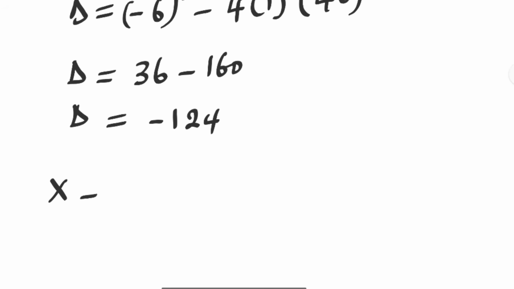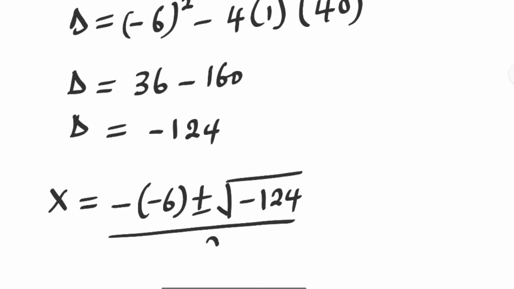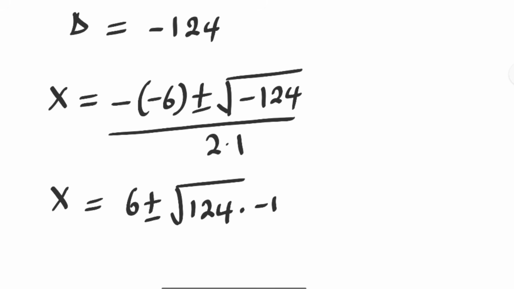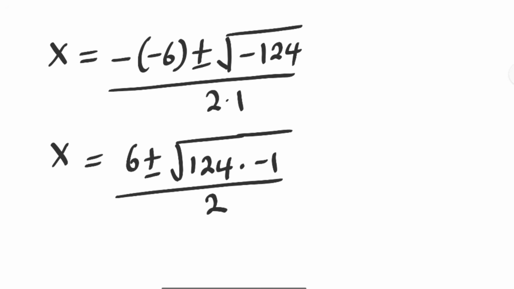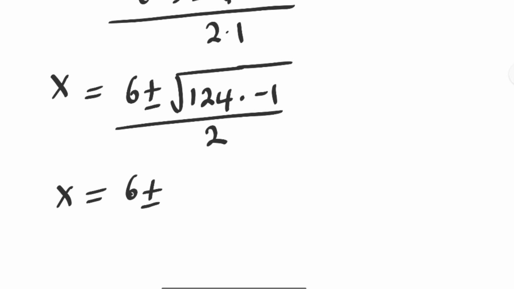Then we have x is equal to minus bracket minus 6 plus or minus square root of minus 124, divided by 2 multiplied by 1. x is equal to 6 plus or minus square root of minus 124, which can be written as square root of 124 multiplied by minus 1, divided by 2 multiplied by 1. 124 can be written as 31 multiplied by 4.